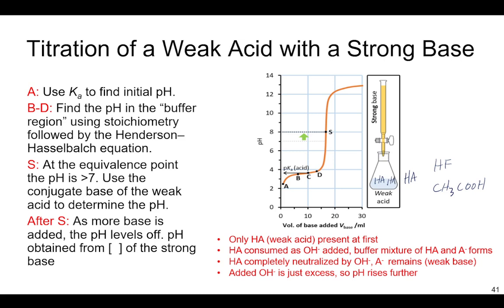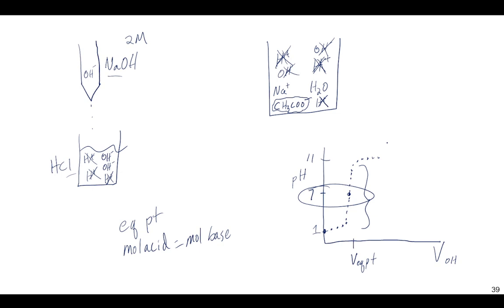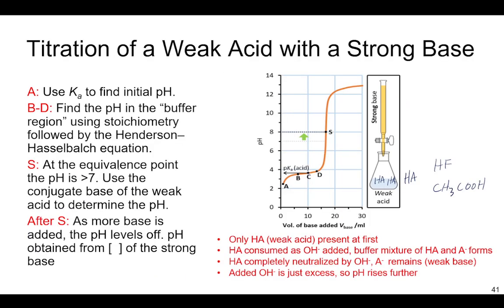And so if you're asked for the pH before the titration even begins, well, you can't just do negative log of the molarity like you could back here. For a strong acid, strong base, before the titration, we just say, okay, it's negative log of whatever that HCl concentration is. It's a strong acid. That's the pH. Not the case here.